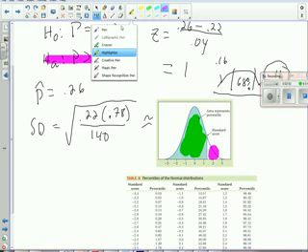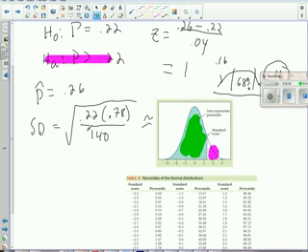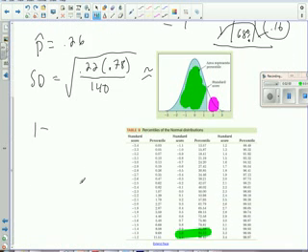Okay, so 1 minus 0.8413 works out to be 0.1587. And that's the p-value.